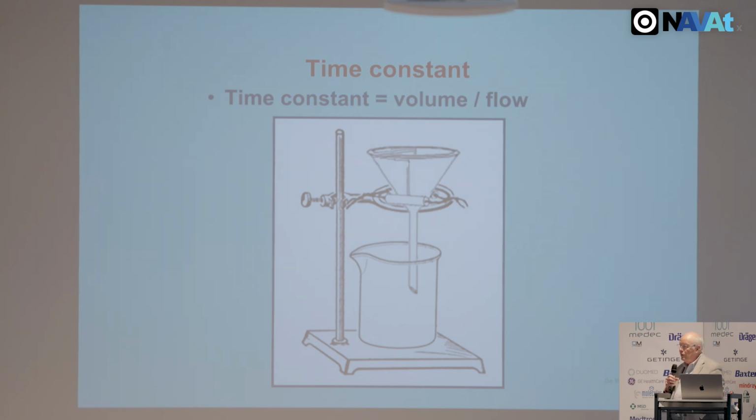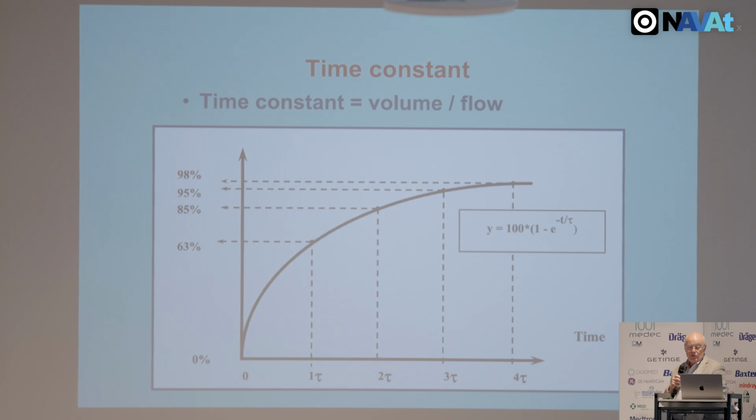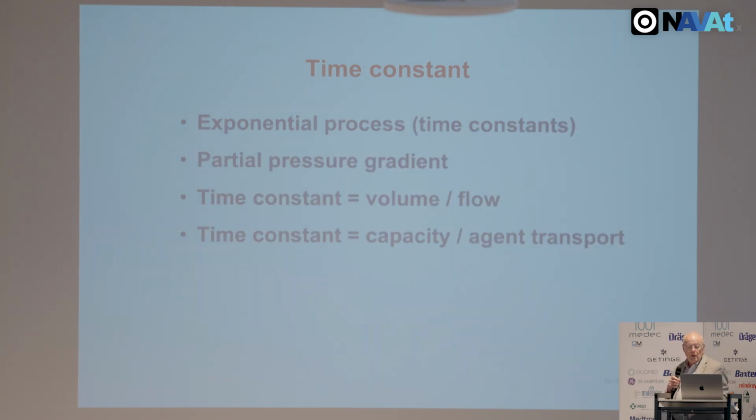So the time constant can be easily calculated by volume divided by flow. In units, that gives you time, which is what you expect. The time constant is longer when volume is high and when flow is low. So it takes longer. Mathematically, this can be expressed by an exponential curve using tau in the formula there. So the time constant is the expression of an exponential process.